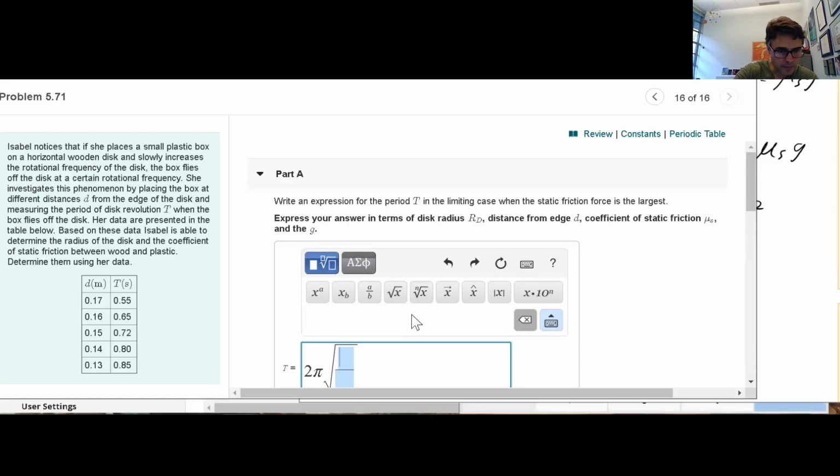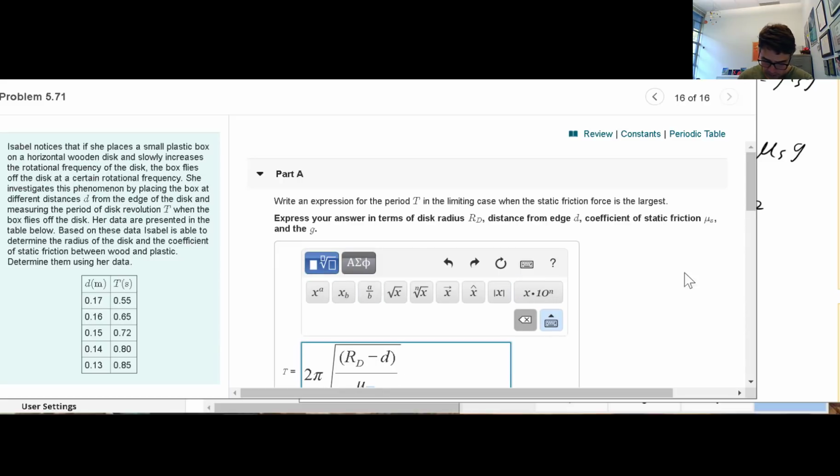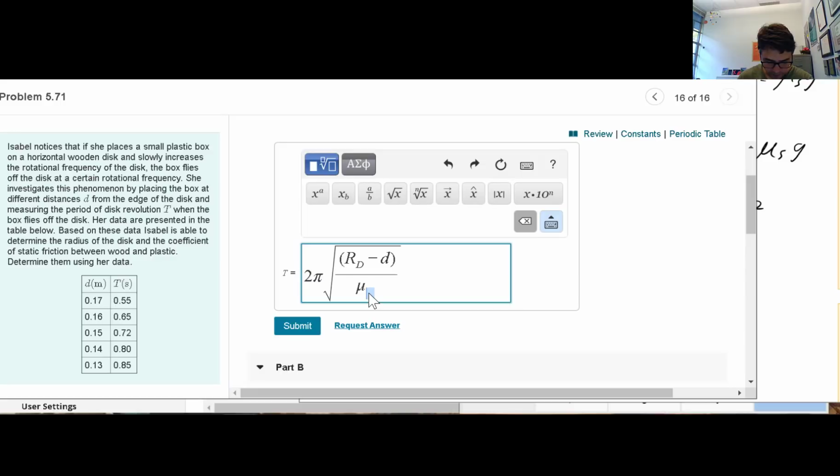Let's open up a bracket here, r sub d minus d, close bracket, divided by mu sub s times g. So find mu, put a subscript of s, and then times g.